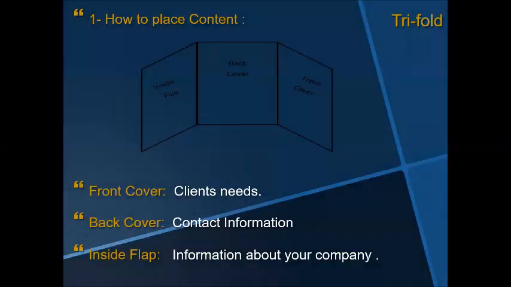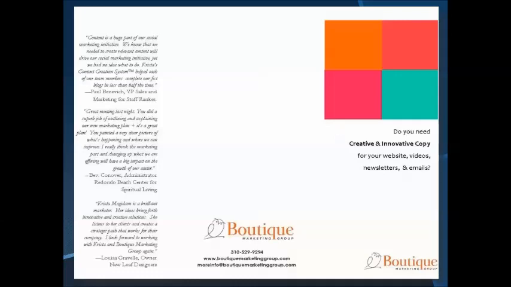So for the trifold, we have here the inside flap, the back cover, and the front cover. The front cover usually has the client needs. The back cover usually has the contact information. And then the inside is all about information about your company. So it is just like the sample.